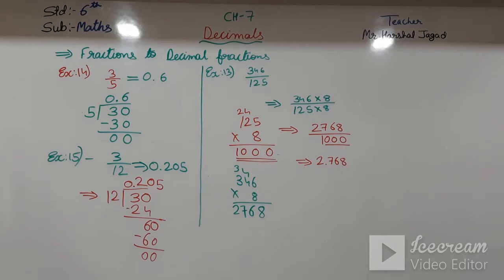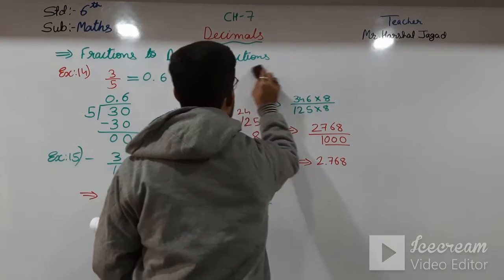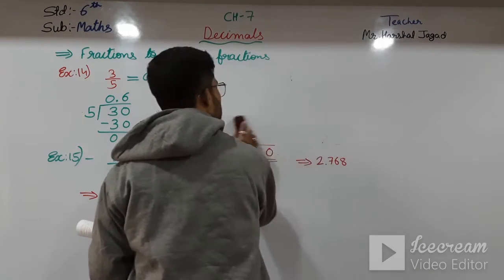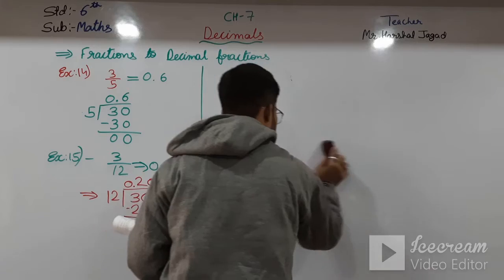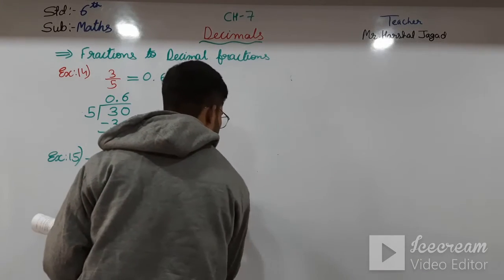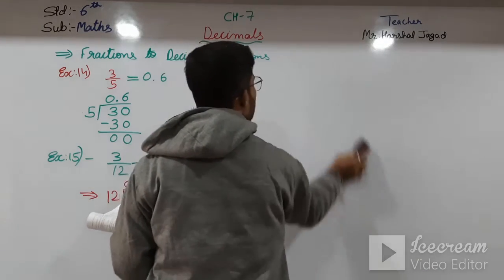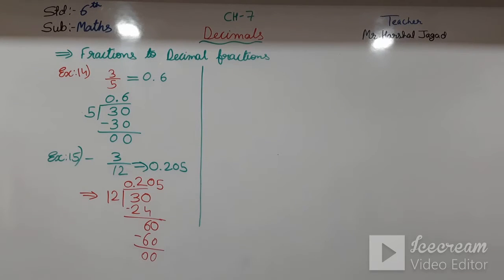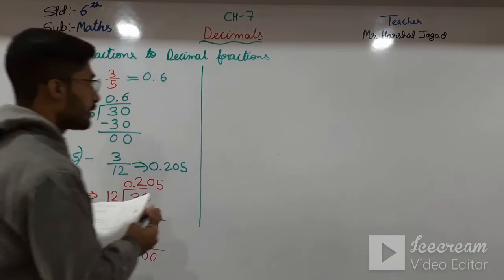And this came in exercise 7C. So from all the questions we will do 2 to 3 sums. Exercise 7C.